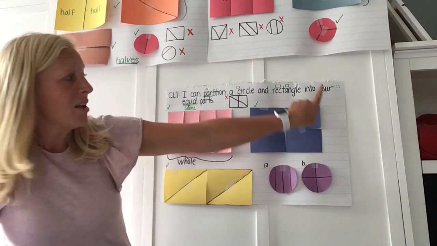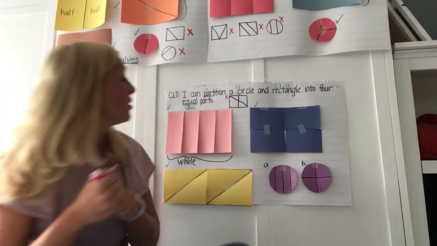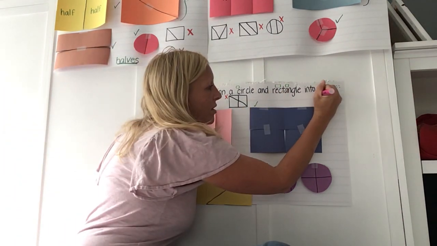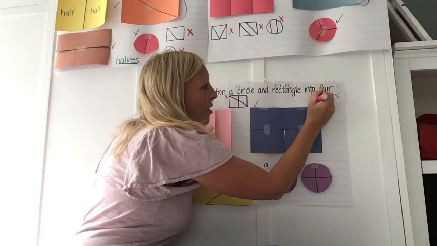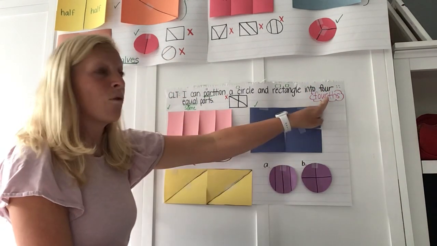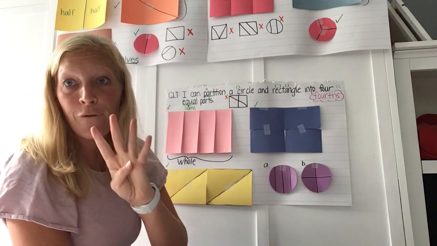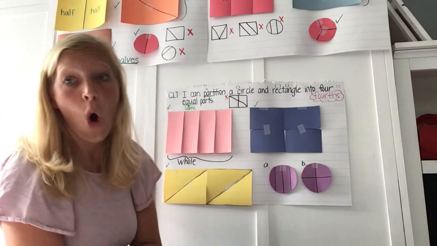Remember, today it's all about those 4 equal parts, or we call those fourths. And I would love to see, or I should say hear, you saying words like fourths, 4 equal parts. I'd love to hear you saying the word whole.